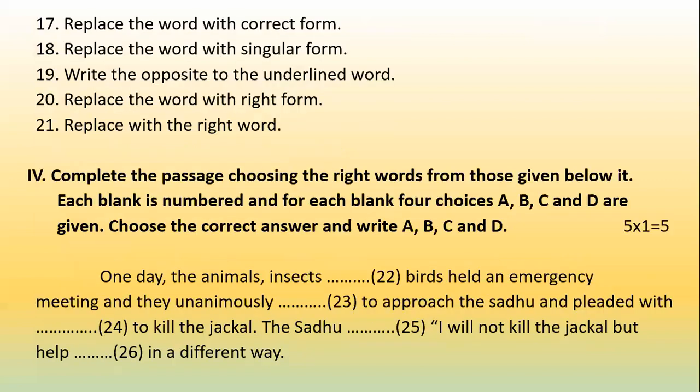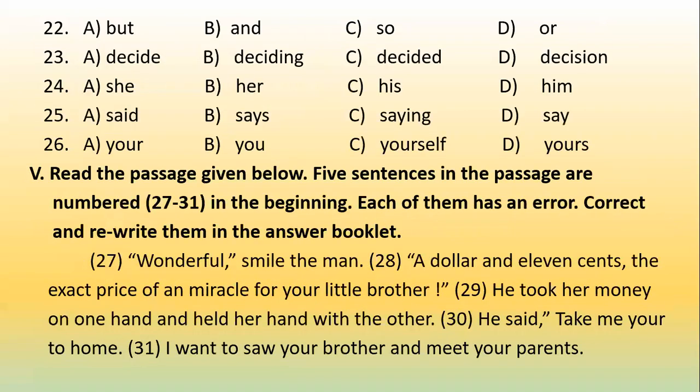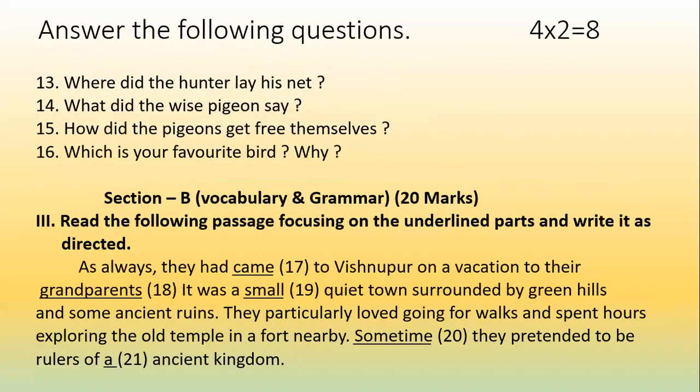And the second one, 18th one, replace the word with singular form. Okay? So let us see what is the 18th one. Grandparents. It is plural. So when you are writing, what you have to write in your answer booklet? 18, and you have to write grandparent.